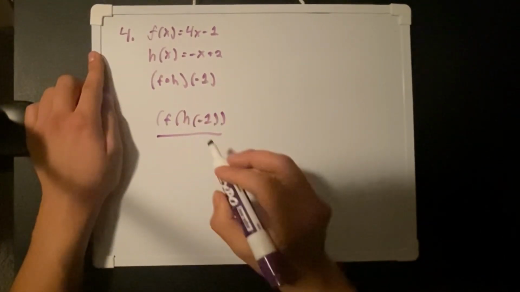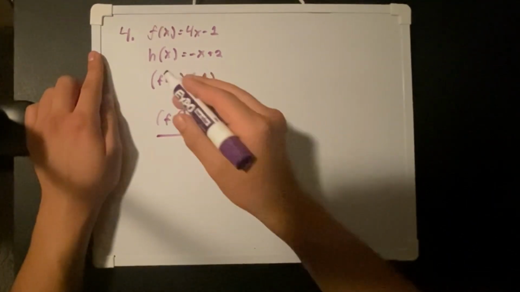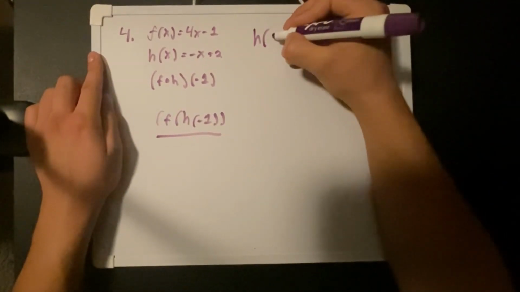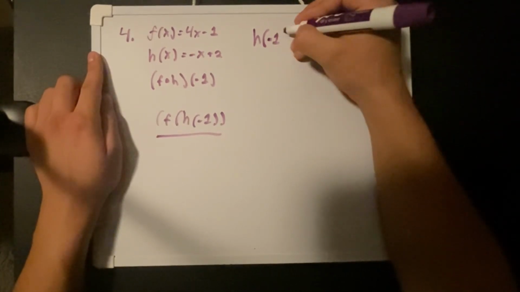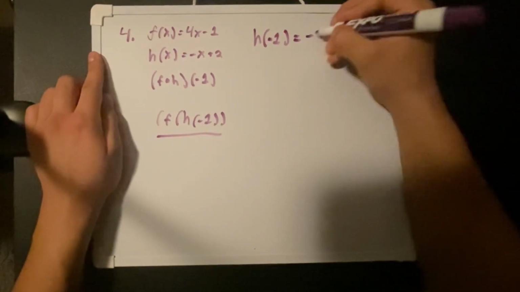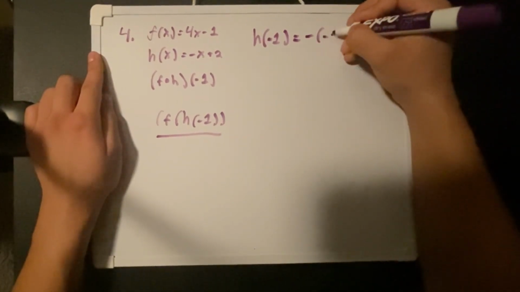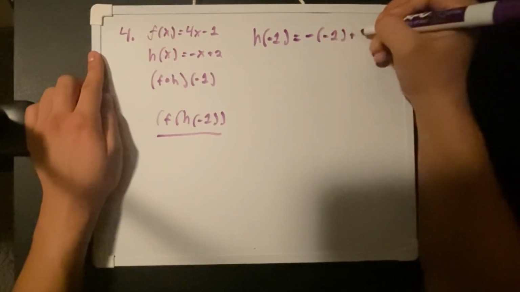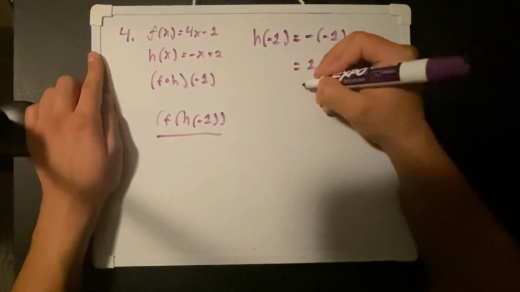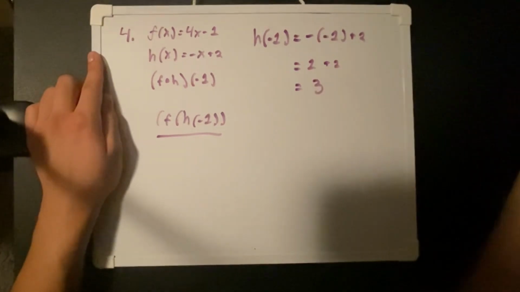So something like this. So how will we start? Well, we go to h of x first. And instead of x, you put negative 1. And wherever you see your x, keep the negative and you set it to negative 1 plus 2. This equals 1 plus 2, which equals 3.